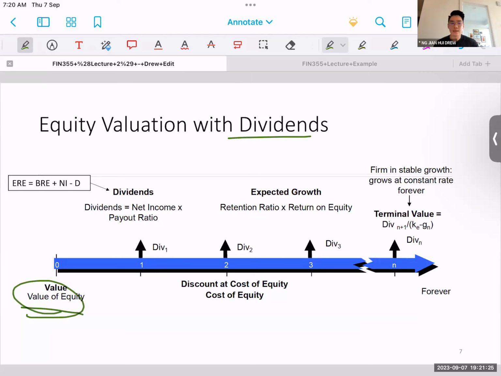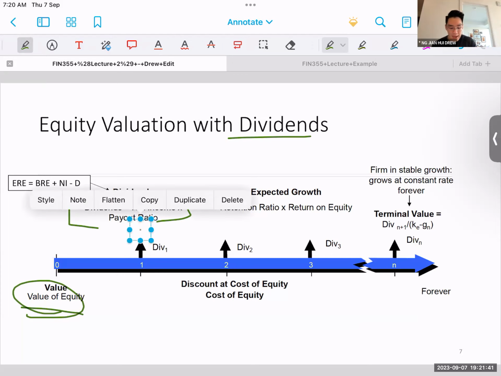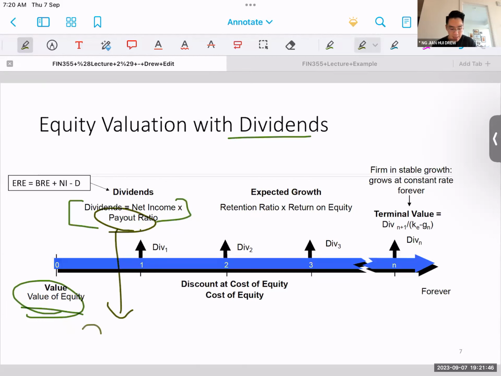Now, in order to use the dividend discount model, we need to be able to calculate the dividend amount. The most basic form is if they give you the dividend payout ratio, which is usually a percentage, let's say 20%.